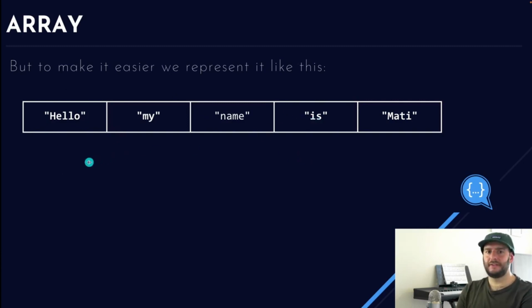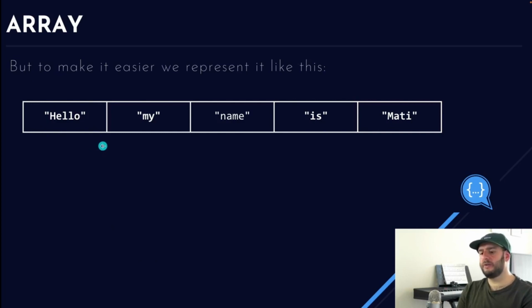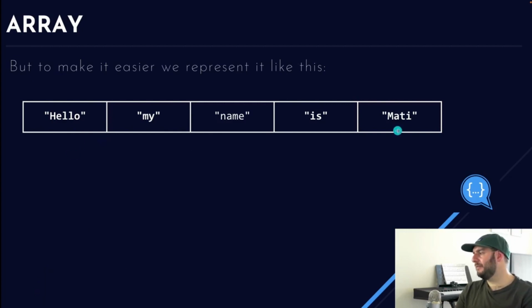We can access elements of the array randomly, which means I can send the index of the element I want to see, and it will return the element at that position. But the index in Java is 0 based. That means that the first element has the index of 0, and the last element will have an index of the size of the array minus 1.